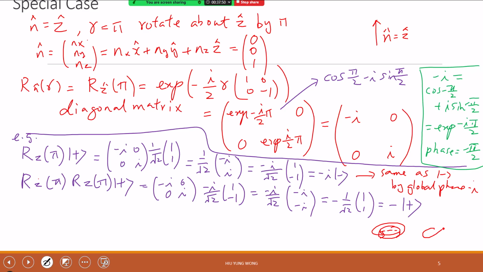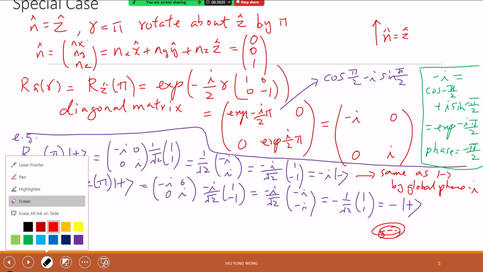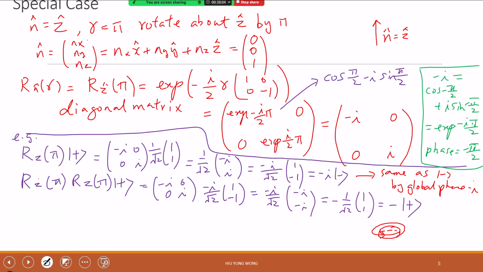But if you have a ring like this, I hope that I can draw it. Do you see that?